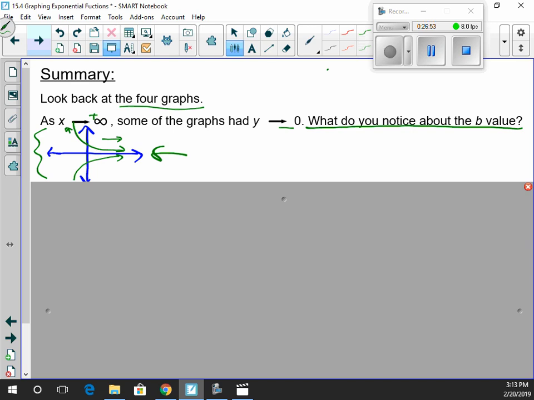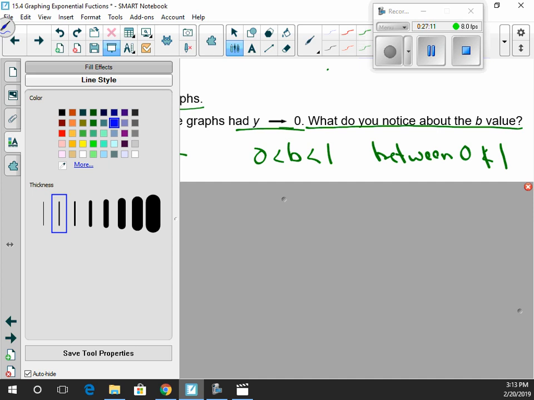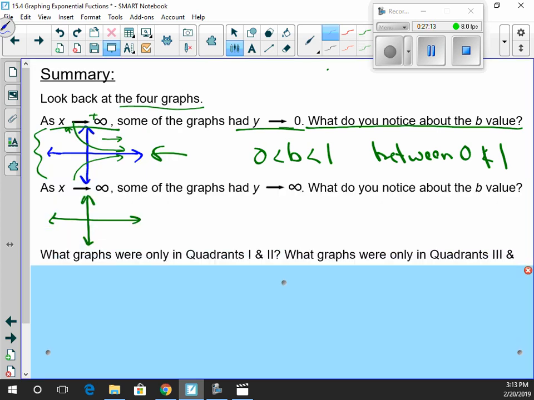What that means is that y approaches 0 as x gets positive. We notice that b is less than 1, but at the same time greater than 0. So between 0 and 1. Okay. So let's look at the next part.